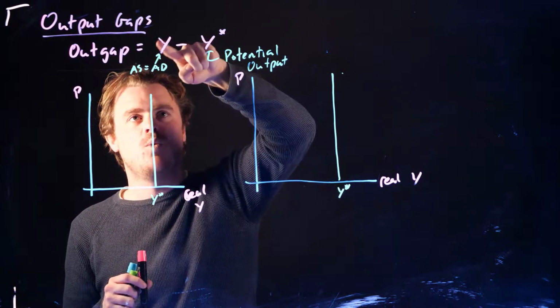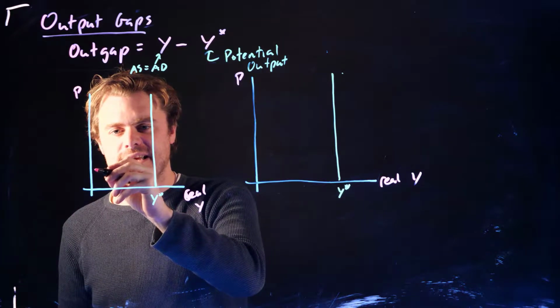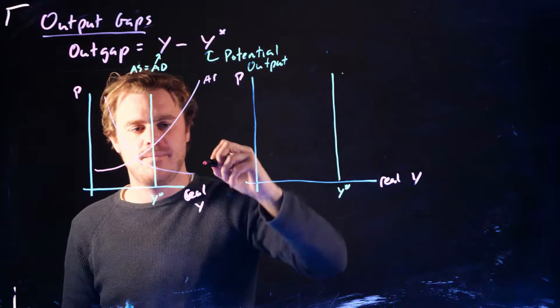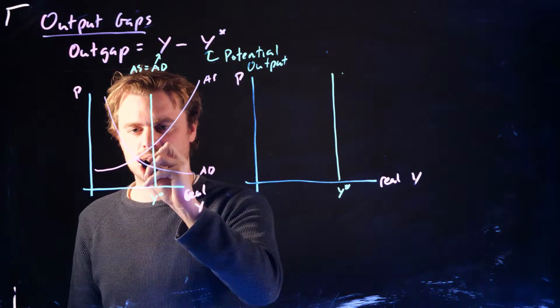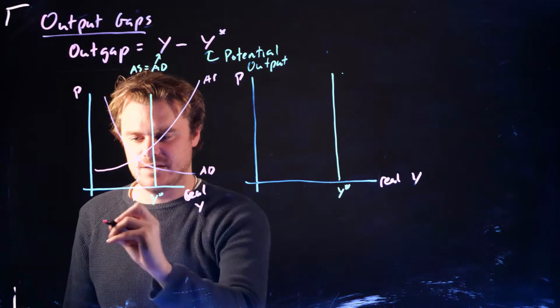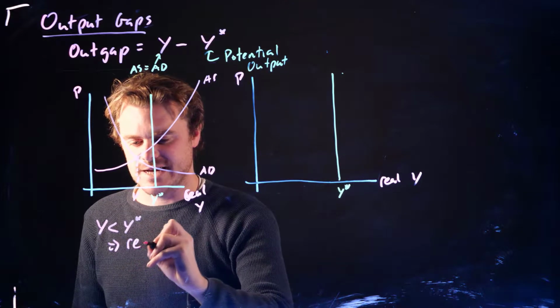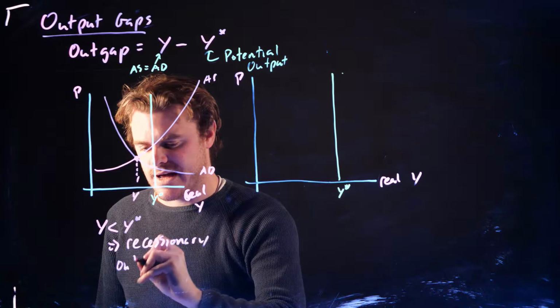So one possibility is that Y is less than Y star. And so our AS and AD curve meet to the left. Here's our AS curve and our AD curve. So Y is less than Y star. We're going to call this a recessionary output gap.